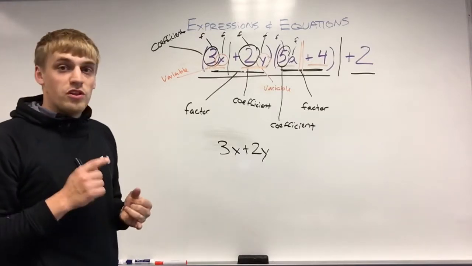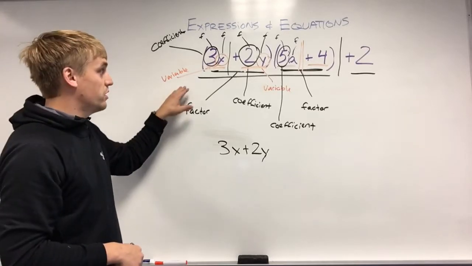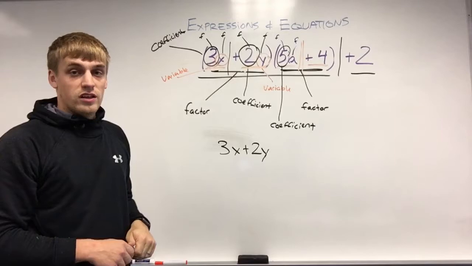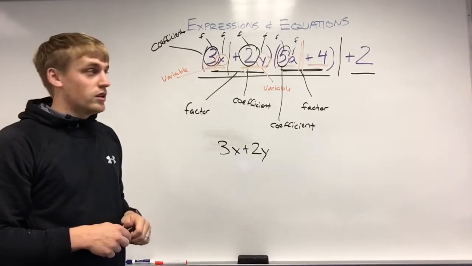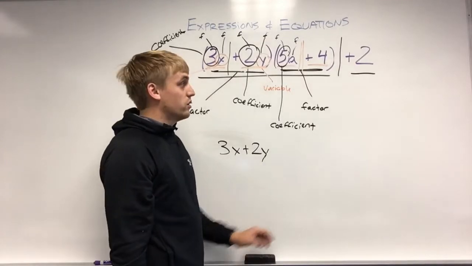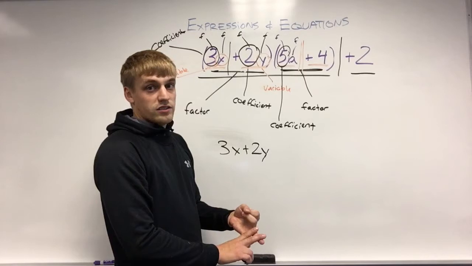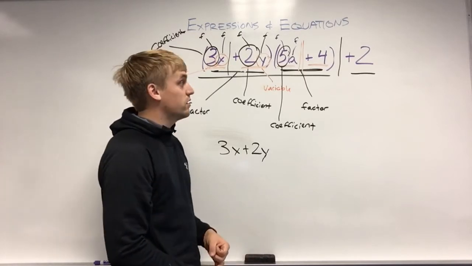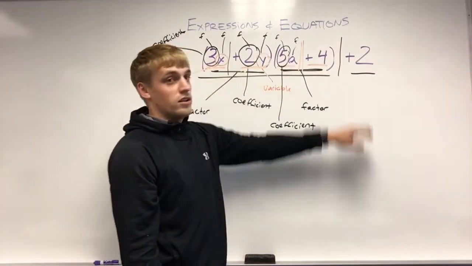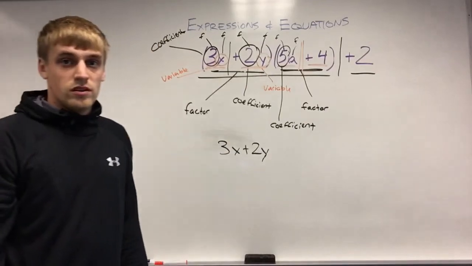Okay, and probably the hardest one to understand is factors, especially when there are parentheses within the expression. Okay, over here, this term, it's just a constant number all by itself, so there's no coefficient, it's not considered a factor, it's just considered a constant, and there's no variable on here, so that's just a term all by itself. Okay?